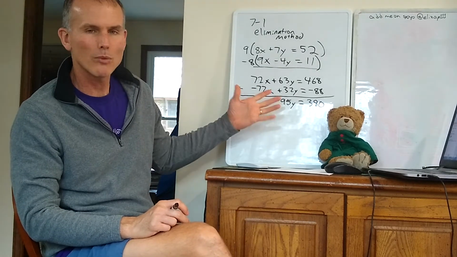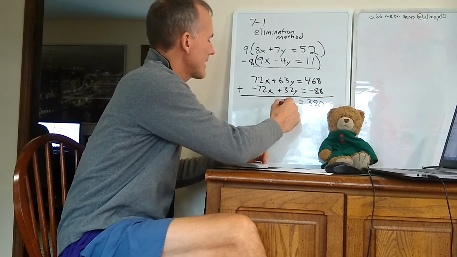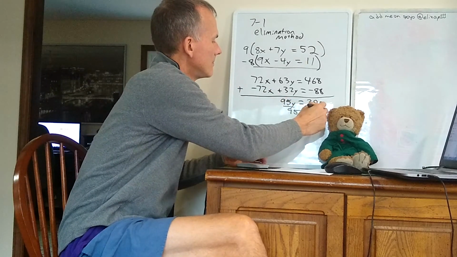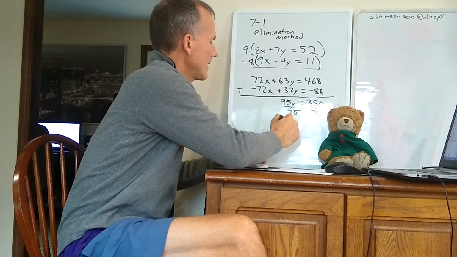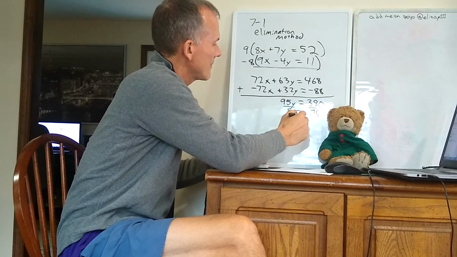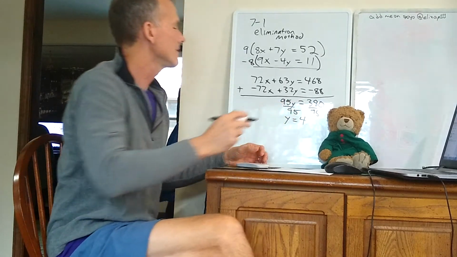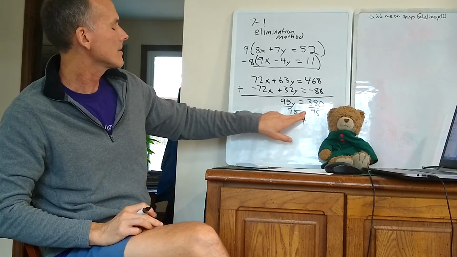Now I can solve this equation for y. Okay, so I'm going to divide both sides by 95. And I think I get y is 4, I believe. No, sorry.